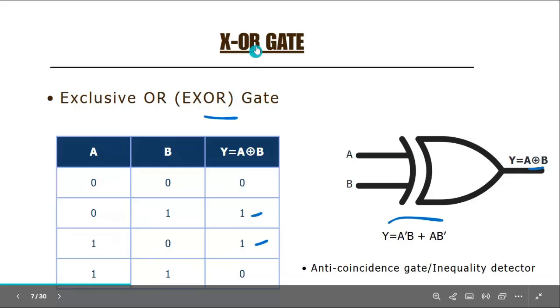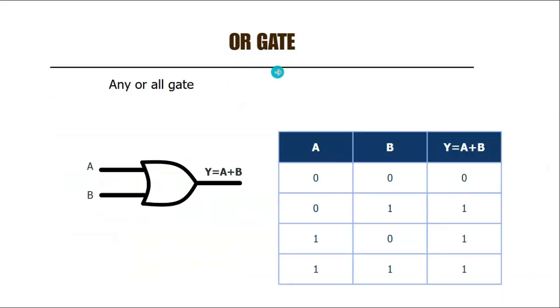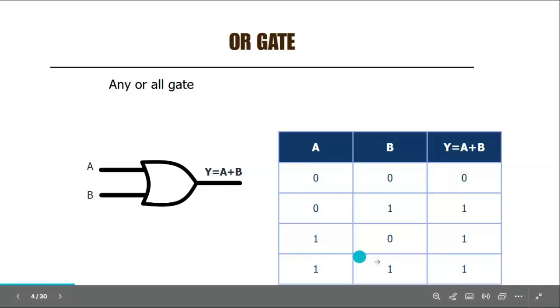On the other hand, in the case of the OR gate, it is called an inclusive OR gate, since it includes the condition when both the inputs are 1 or when both the inputs are present and output is equal to 1 in this case.